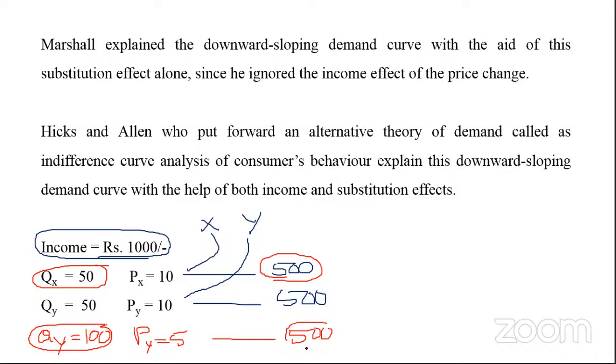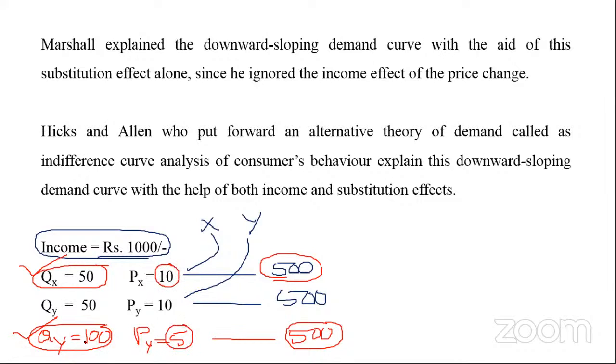Now when comparing, if he would like to purchase 50 units of the X good as well as 100 units of the Y good at the base year prices, the base year price is 10 rupees, not 5 rupees.